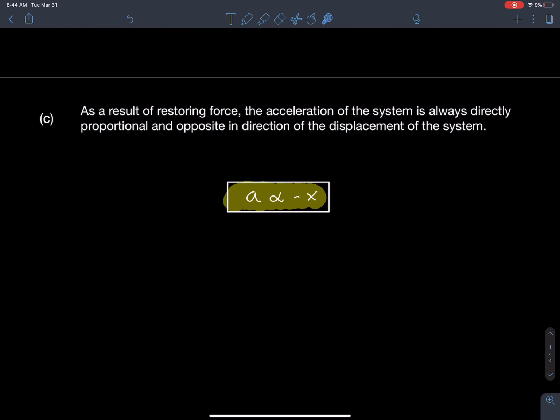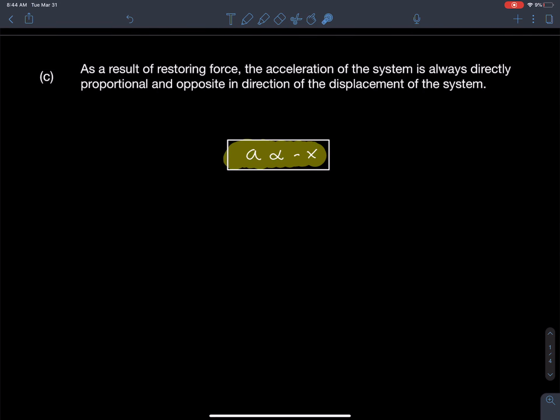All right, the next thing that we need to know about oscillating systems is that if it's a true oscillator, the acceleration of the system is always proportional to the displacement of the system from equilibrium, but in the opposite direction. So for example, for the pendulum over here, if my pendulum is swinging out in that direction, that's what I'm going to call x.